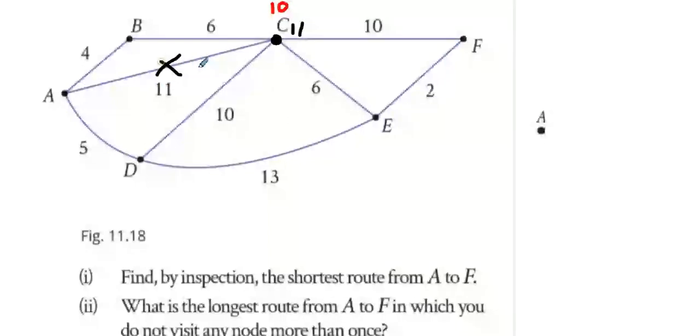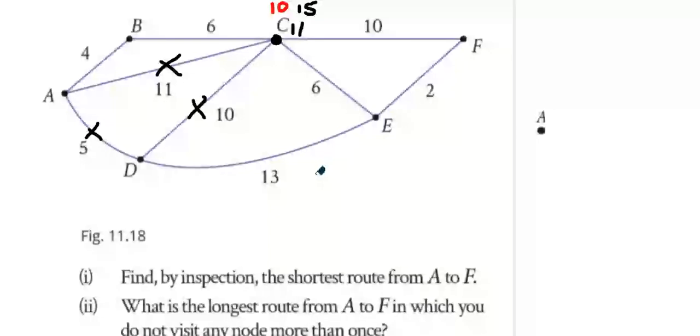That automatically takes out this route right here. So this route is gone. Okay, it won't work for us. We could also go from A to D and then D to E, which would be 15. But once again, that's no good either. So what we have is the route A to B to C so far.